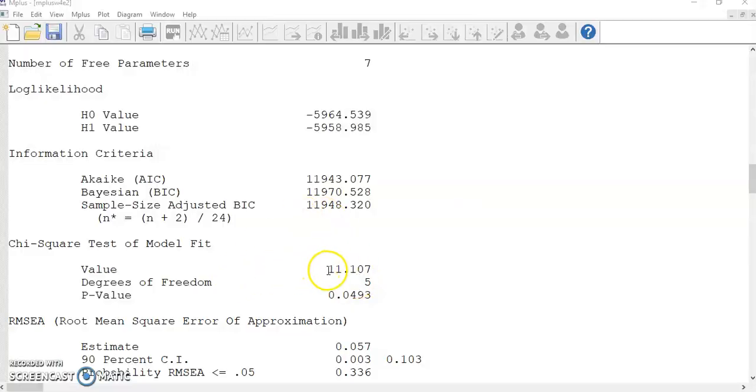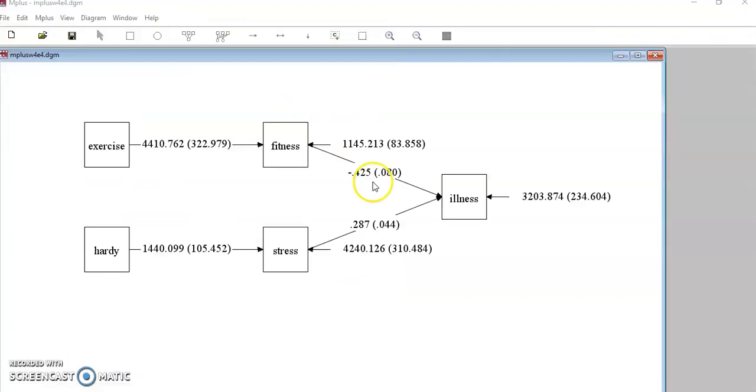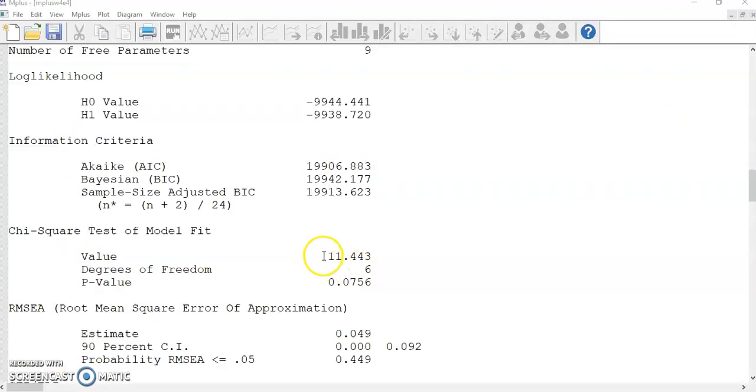For Model 2, in which exercise and hardness are correlated, the model chi-square is 11.107 with a degree of freedom of 5. For Model 1, in which the correlation between the two exogenous variables is removed, the model chi-square value is 11.443 with a degrees of freedom of 6.